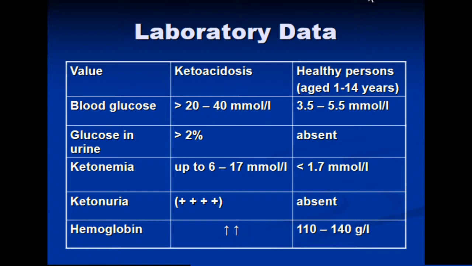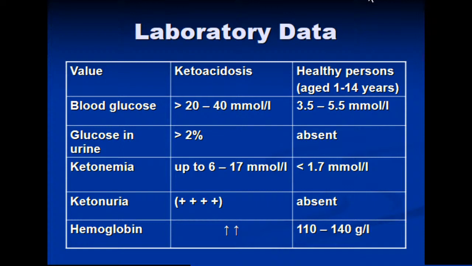Laboratory data: blood glucose more than 20, up to 40 millimole per liter, normal level 3.5 to 5.5. Glucose in urine is normally absent, but in ketoacidosis more than 2%.